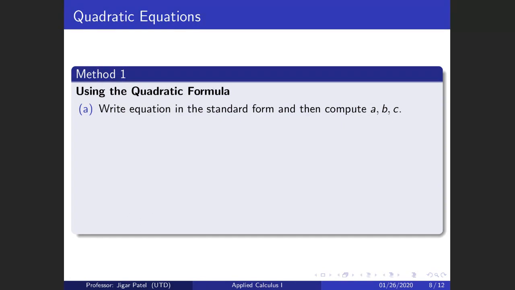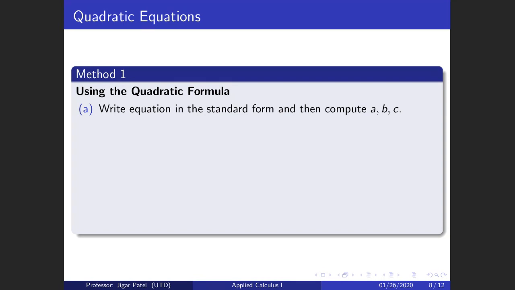In order to use this method, write down the quadratic equation in the standard form. When I say standard form, I really mean the right side has to be 0. If it's not 0, make it 0 by moving all the terms to the left side.